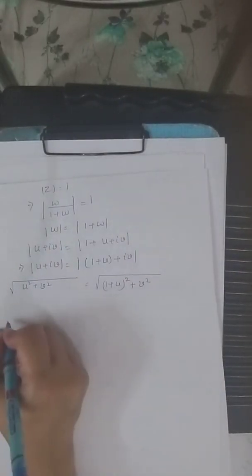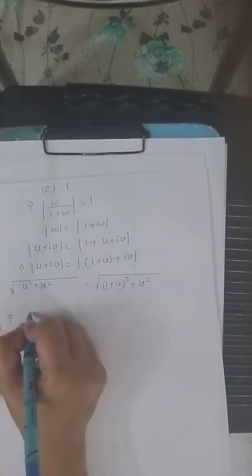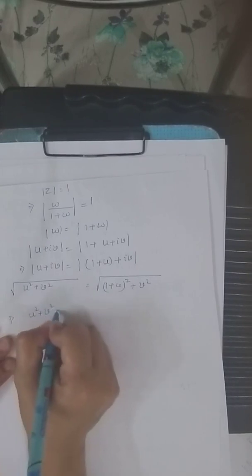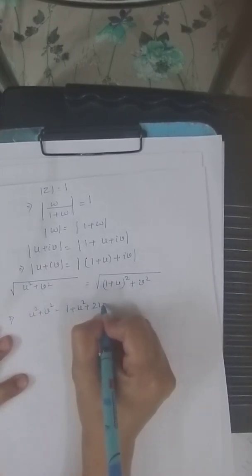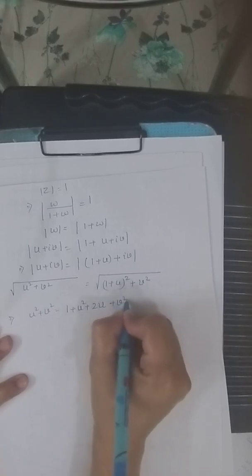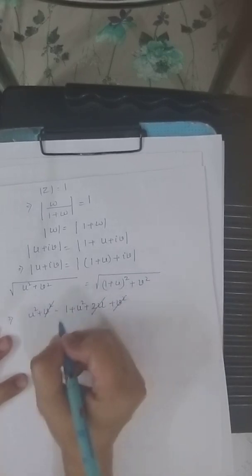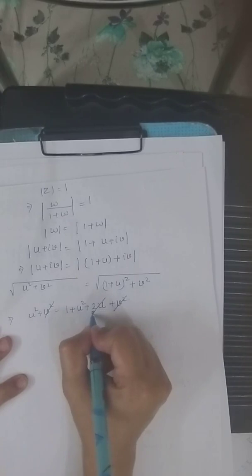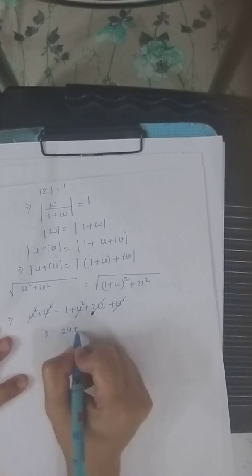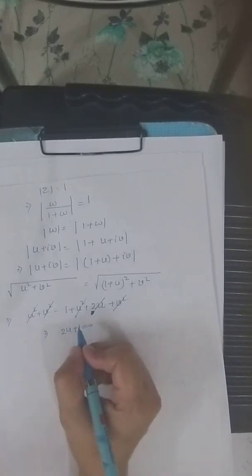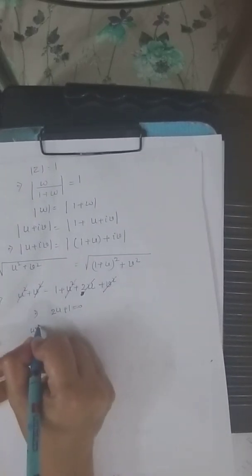That is, squaring both sides, you will get u square plus v square equal to 1 plus u square plus 2u plus v square. Now u square cancels, v square cancels. From here you will get 2u plus 1 equal to 0, which is a straight line.